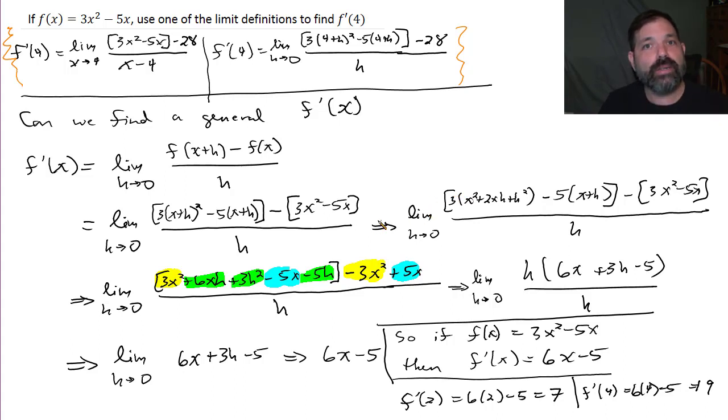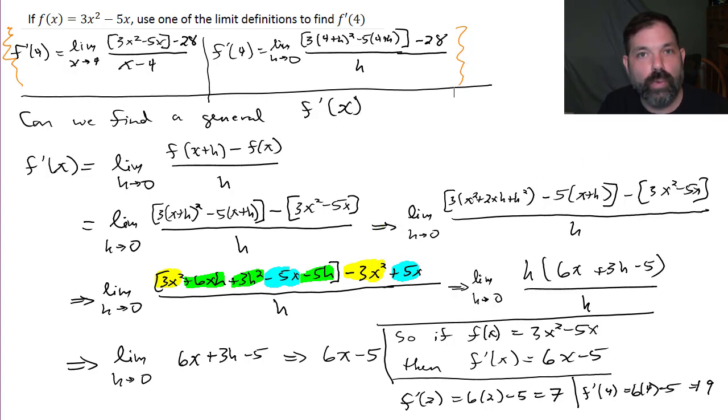But if I'm going to need to find the derivative of a function at several different points, maybe it's a better idea to find a general derivative function and then make substitutions on the input. And here's a process that we can use for that. Instead of using a specific a value, use a more general x value, and then let x equal a later on.